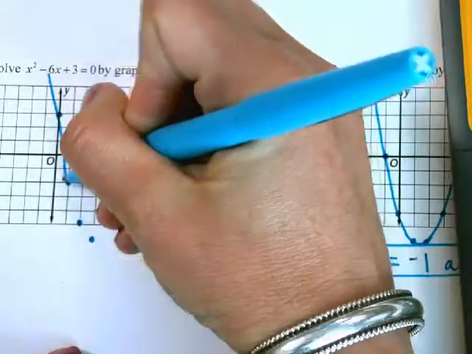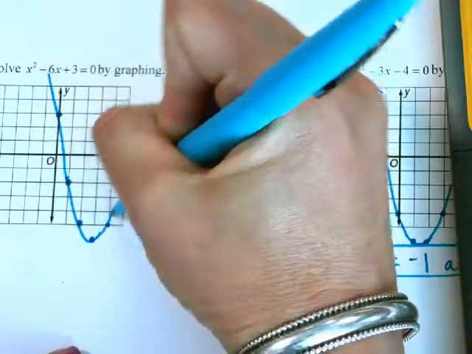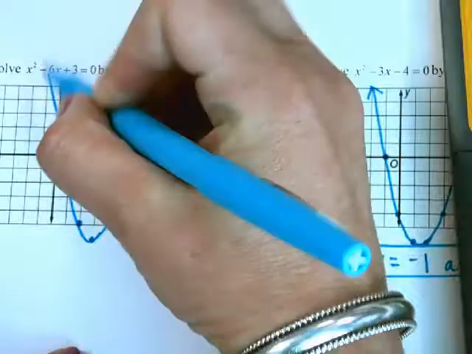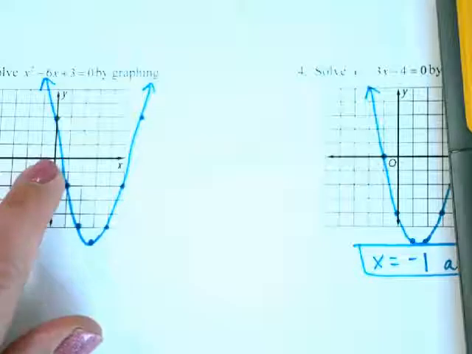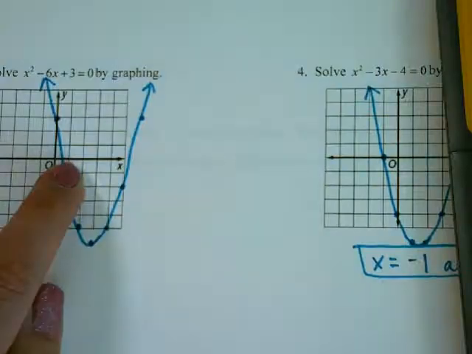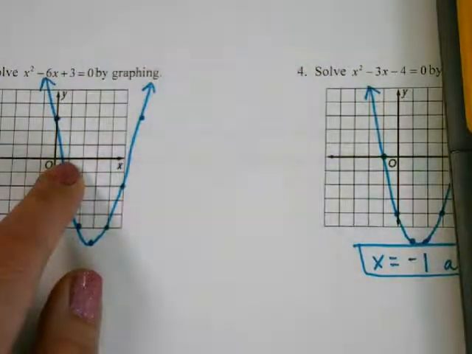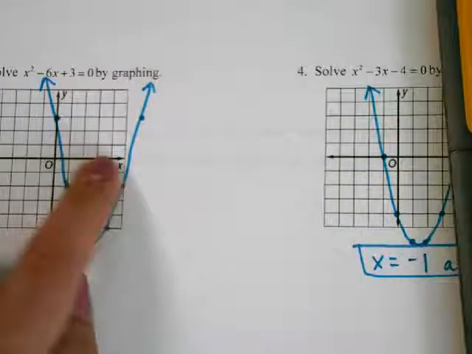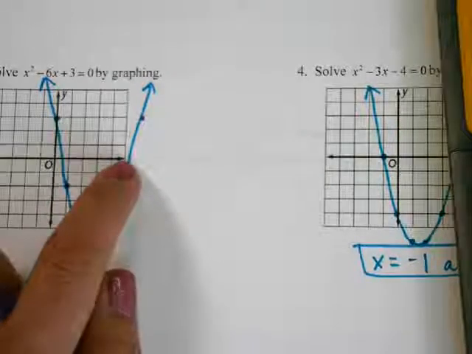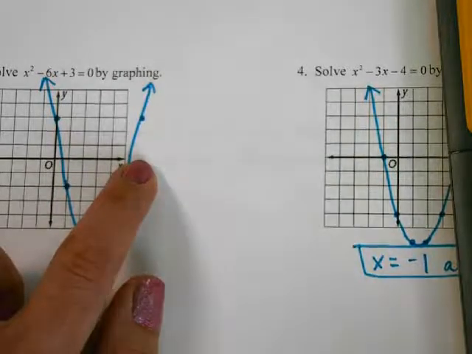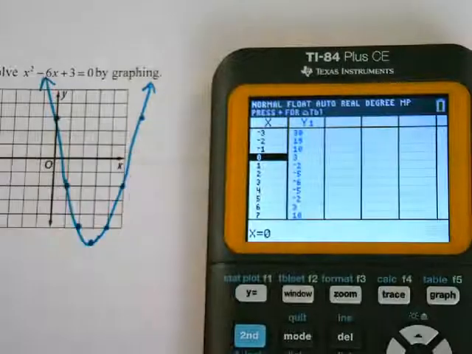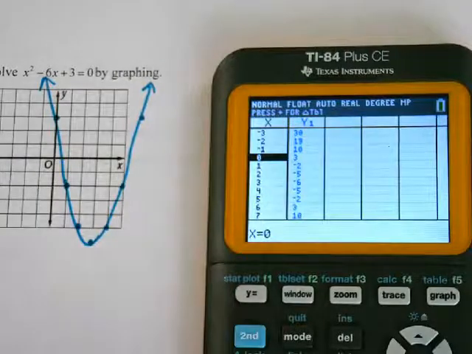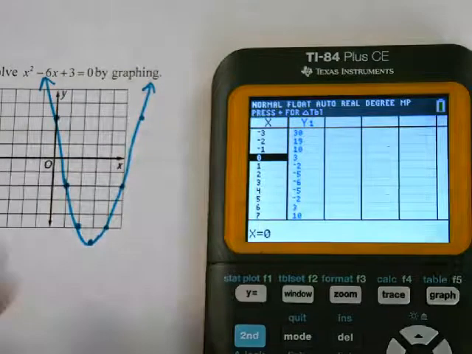So we know from looking at our picture that somewhere between x equals 0 and x equals 1, there's a root. And somewhere between x equals 5 and x equals 6, there's a root. I can also see that because there's a sign change in my y values.